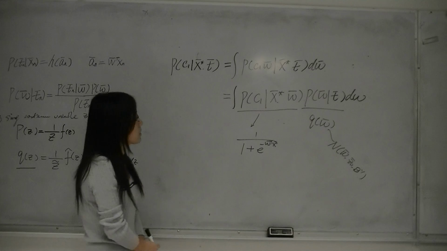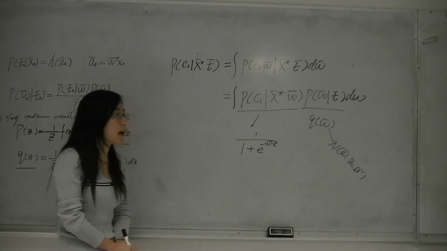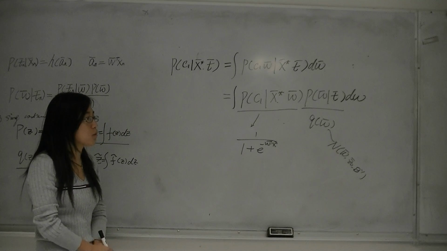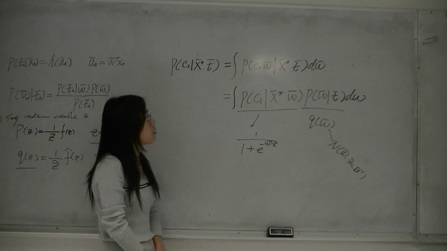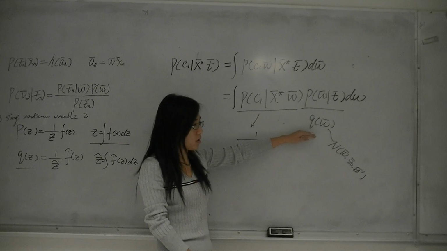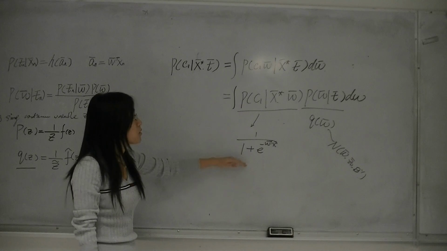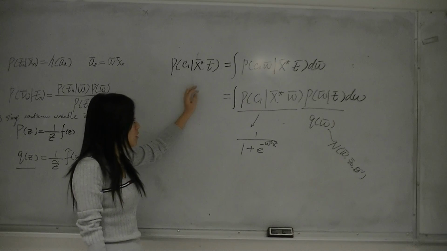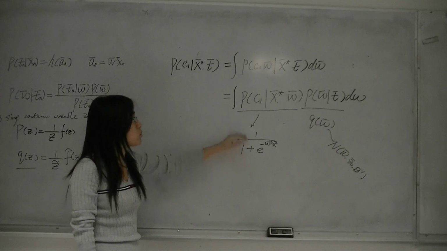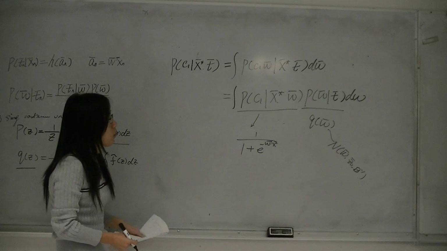But the problem is the integral of the logistic function times the Gaussian distribution still does not have a closed form solution. Since we already use the Laplace approximation for the posterior distribution of omega, we want to find a closed form solution for the prediction. If we consider another nonlinear function to model this probability, maybe we can find a closed form solution.